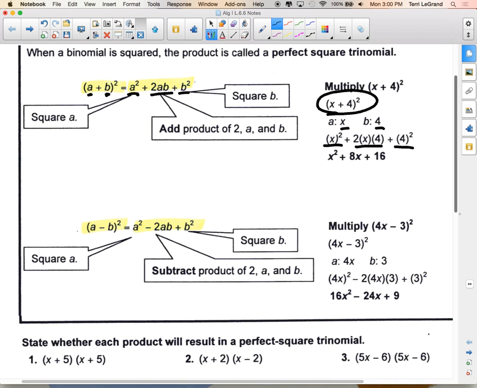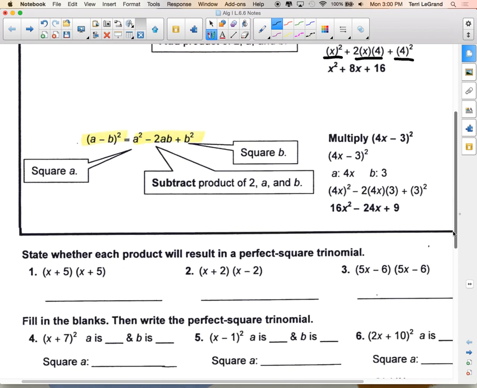Now the other thing that is important is that we remember we noticed that when there's addition in the binomial, it will be plus plus, won't it, in our trinomial. When it's subtraction in our binomial, it will be minus plus. So in other words, highlight this other one down here. When we have a binomial times itself that has subtraction in it, this is going to be the model for our trinomial answer.